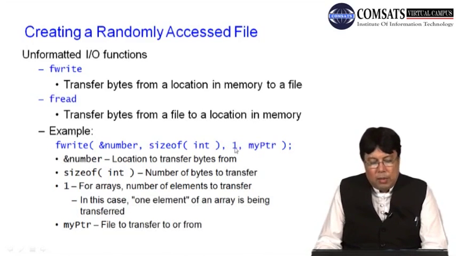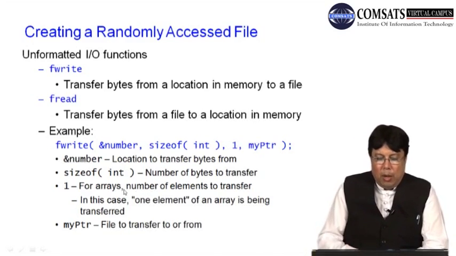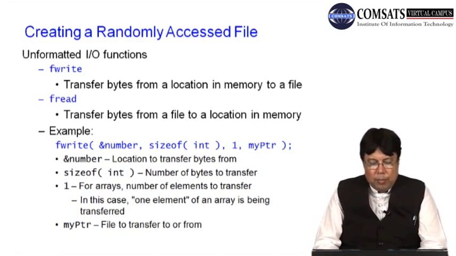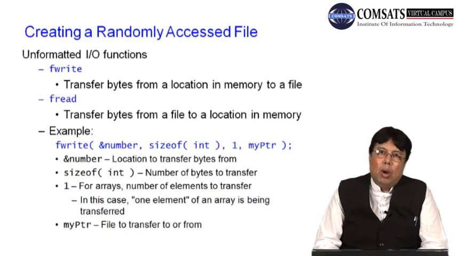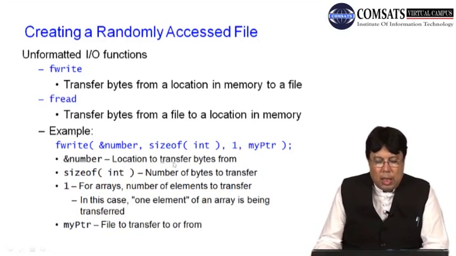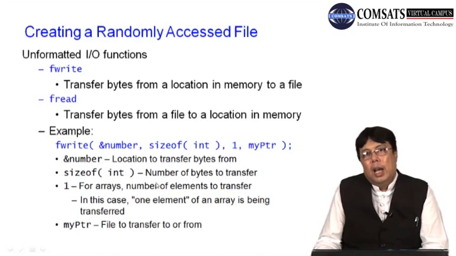Then number one, this one is basically for an array: the number of elements to transfer, meaning how many times this block of data you are going to write. I will explain it later on, because if you have an array of records, then you can write down this block in one go.